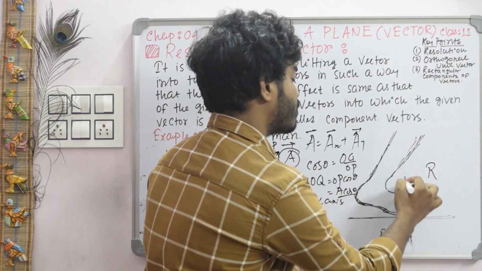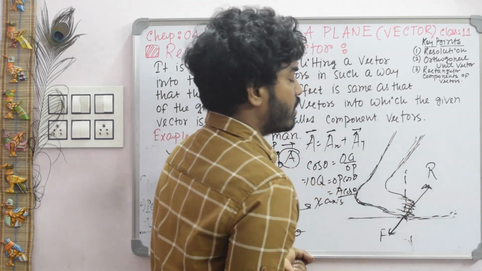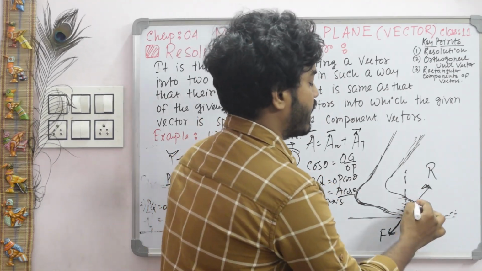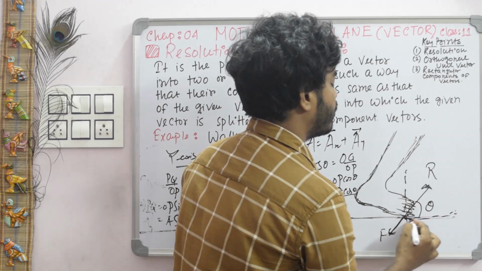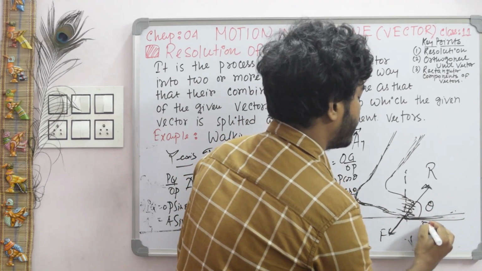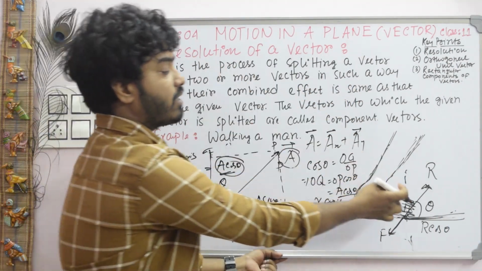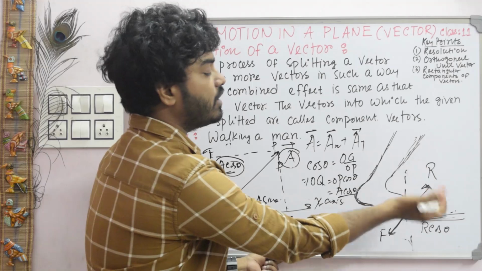Now this reaction force has two components. Suppose we consider this reaction force making an angle theta with this rod, with this line. So this component will be r cos theta according to resolution of a vector. This r component is split in two ways.